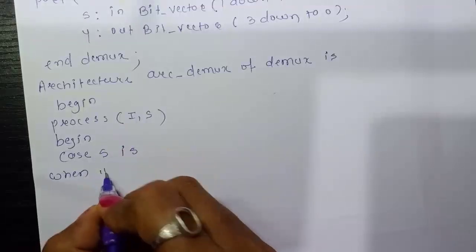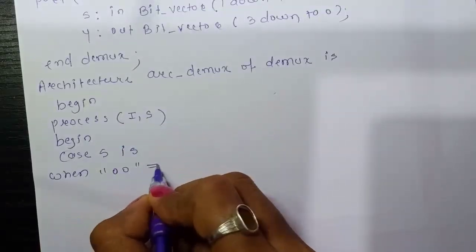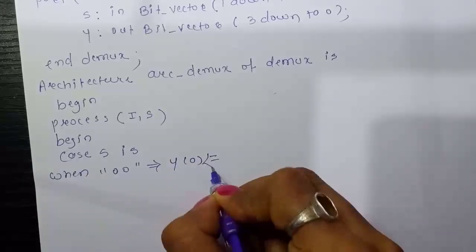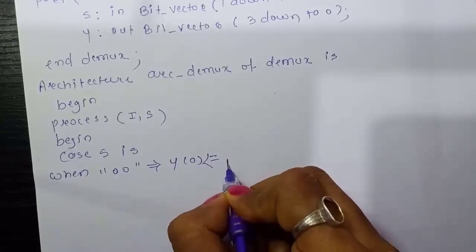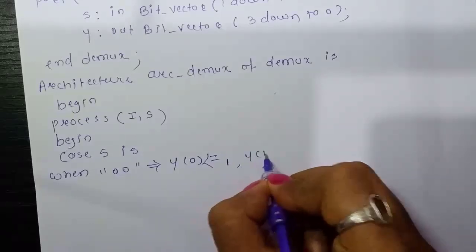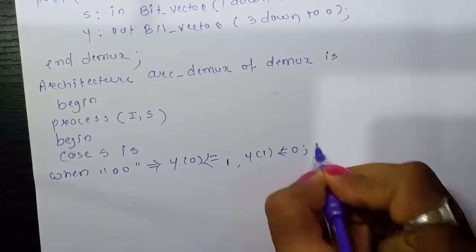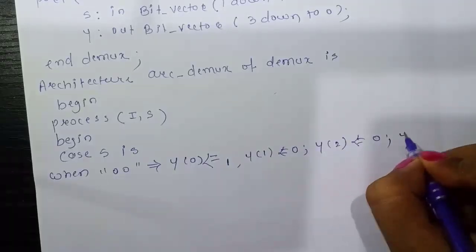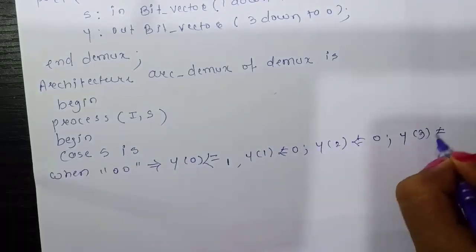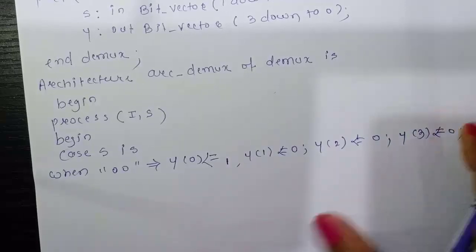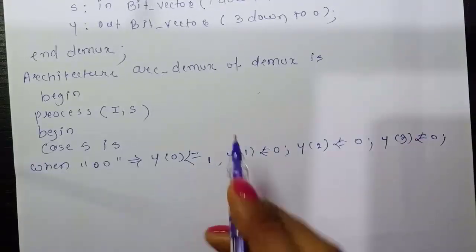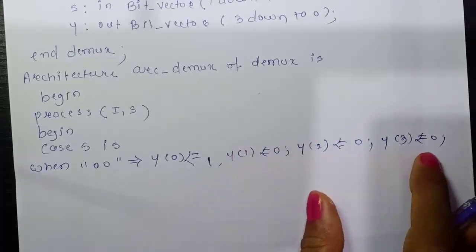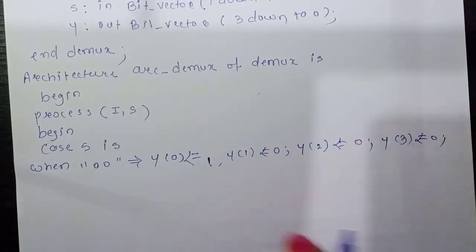When it is 0 0, Y0 will be assigned 1, Y1 will be assigned 0, Y2 will be assigned 0 and Y3 is also assigned 0. Okay, because only Y0 is now active or high, that's why Y0 is assigned 1 and all the other output lines are 0 or low.